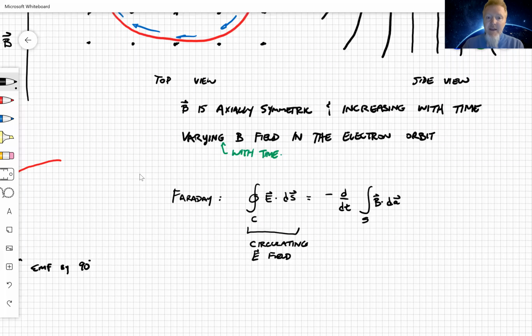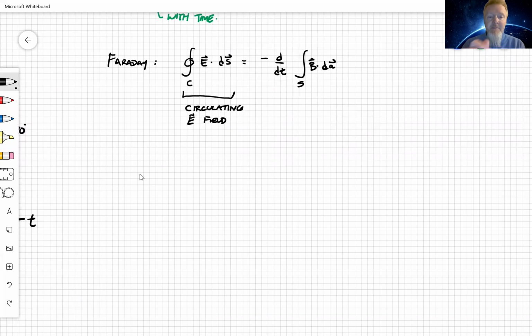If I take a look now at this E dot ds, the circulating E field around the loop, it has a constant magnitude, right? And E dot ds, if I circulate with the loop, the dot product is 1 because the electric field is always tangent to the loop.